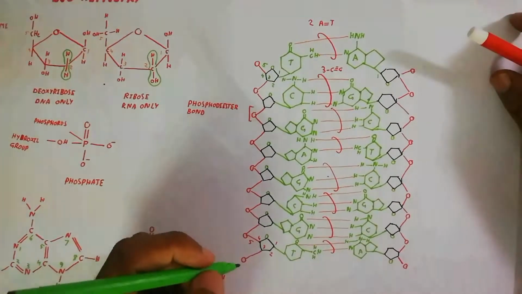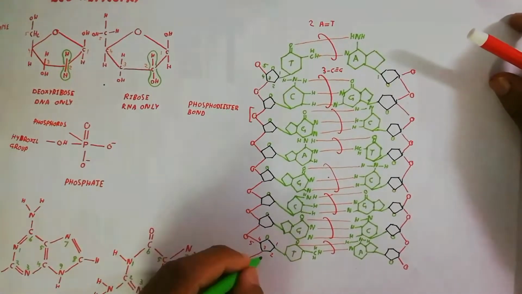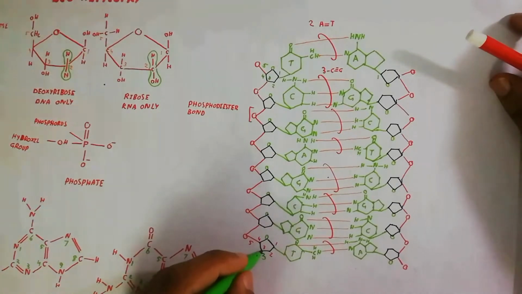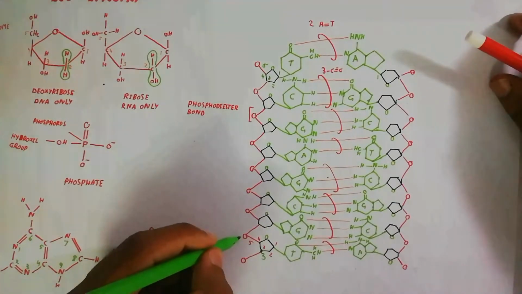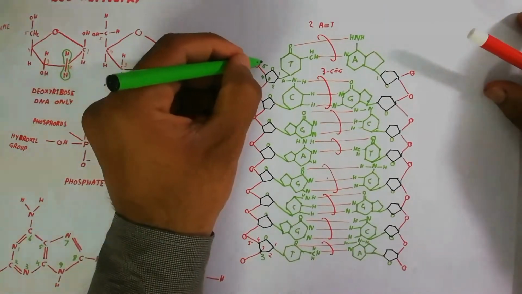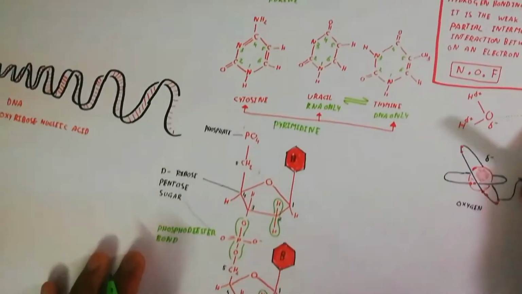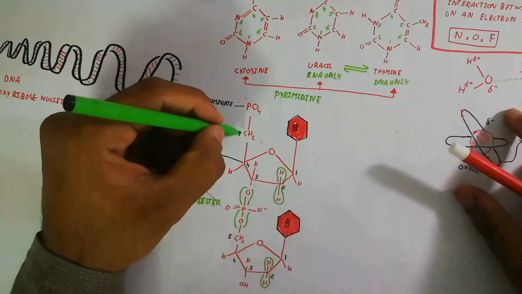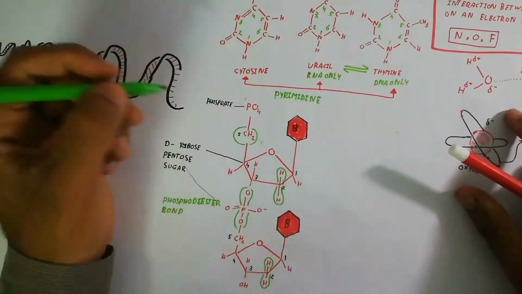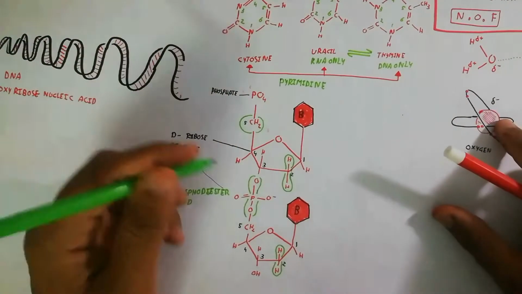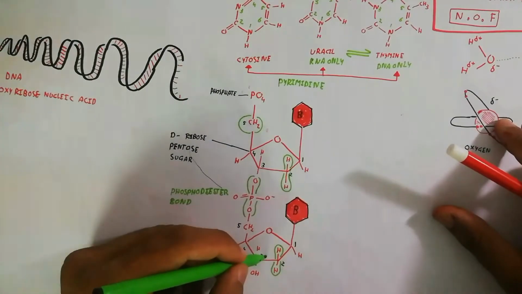That phosphodiester bond is very tight compared to hydrogen bonding. That's why the DNA strands can easily be separated by providing heat, which is used in the polymerase chain reaction, where temperature is applied.